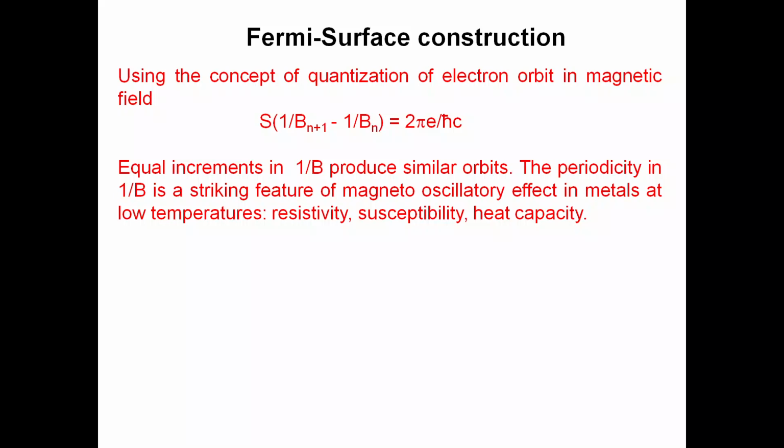If you club all of them together, you can construct the Fermi surface of this specimen. This is how, with the help of the quantum Hall effect, we can construct the Fermi surface.